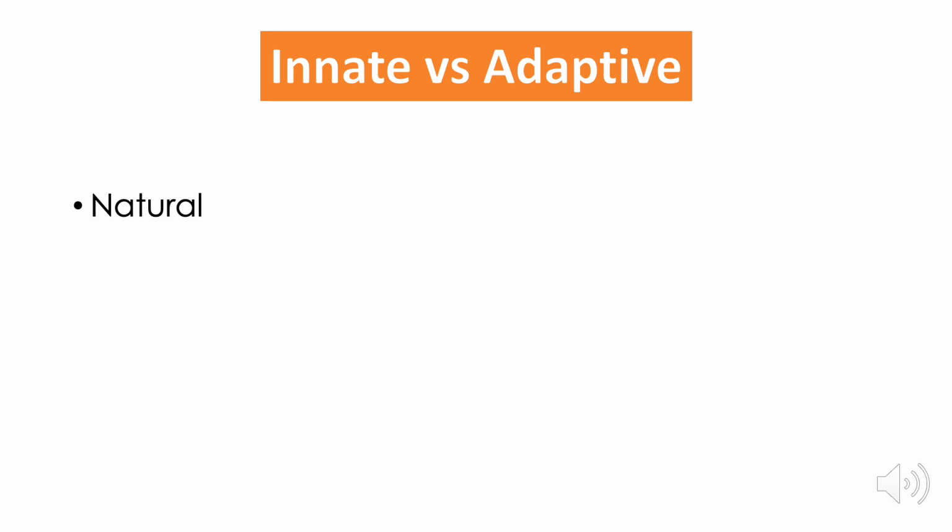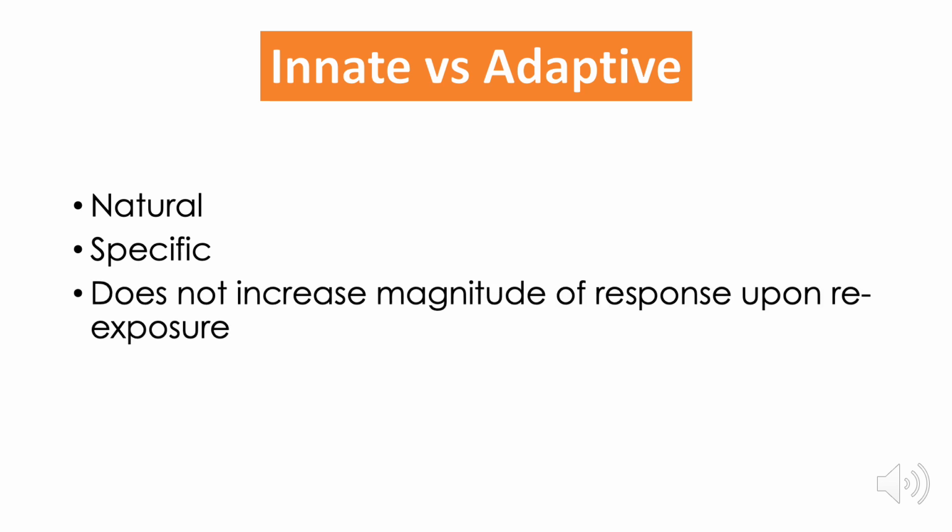Which among them is also known as specific immunity because it will only attack a particular antigen? Yeah, the answer is adaptive. Which among them does not increase the magnitude of immune response upon re-exposure? The answer is innate immunity.